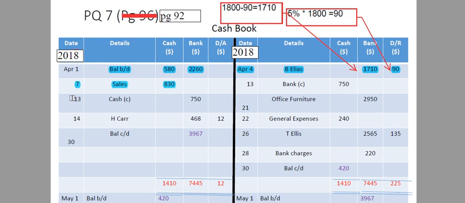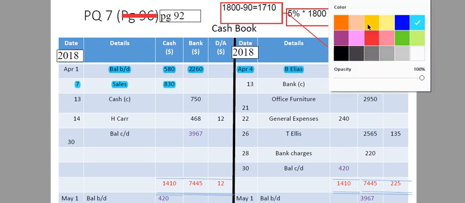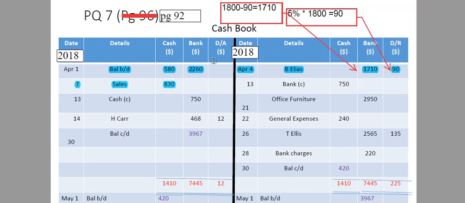this we will highlight in a different color because it's a counter entry, as we showed you on the previous slide, so red color. So okay, let's do it in yellow. So this is your counter entry. You are moving cash into bank.